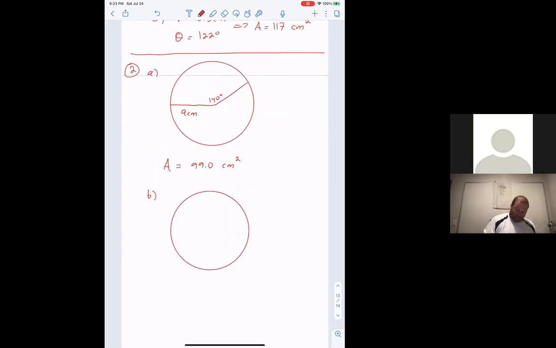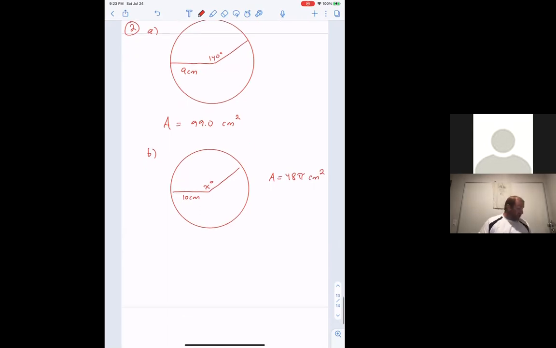B. A sector with radius 10 centimeters and central angle x degrees has an area of 48 pi square centimeters. Find the size of the angle x degrees. Well, again, that's a typo.